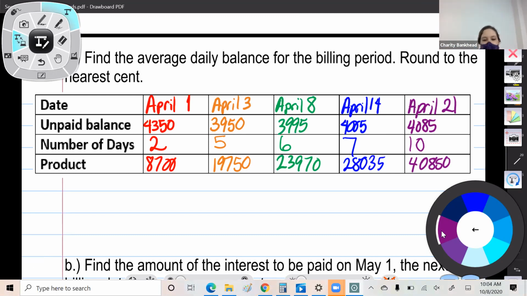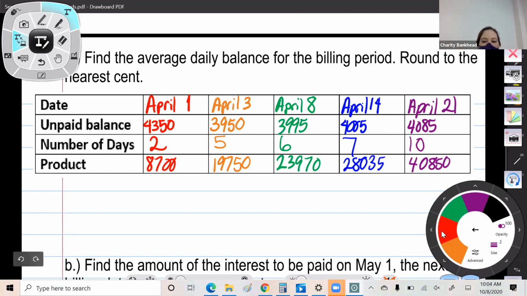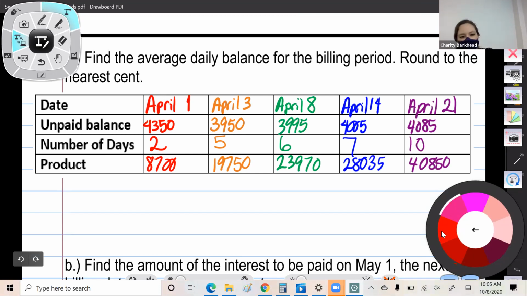Okay, so now we're going to add up that last line of this table. So we're going to add all of these together.